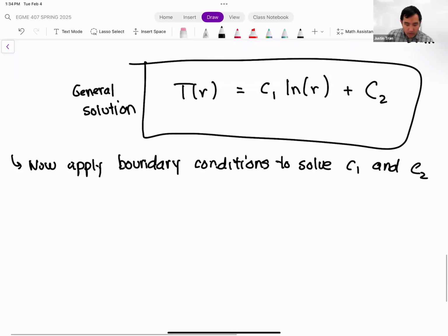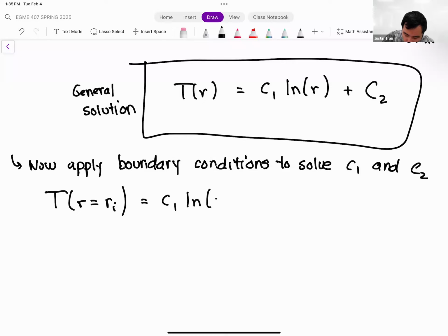So both our boundary conditions in this case are very similar, so let me go ahead and apply them at the same time. Our first boundary condition is when r is equal to Ri. So let's plug Ri into our general solution here. We have C1 times natural logarithm of Ri plus C2, and when we plug in Ri, this is going to become Ti.